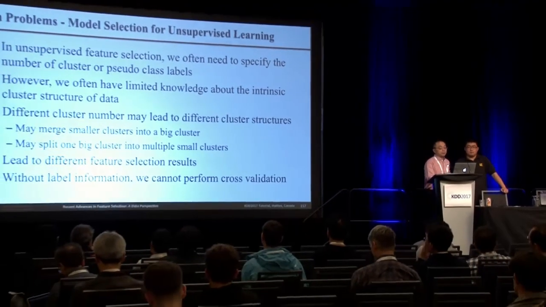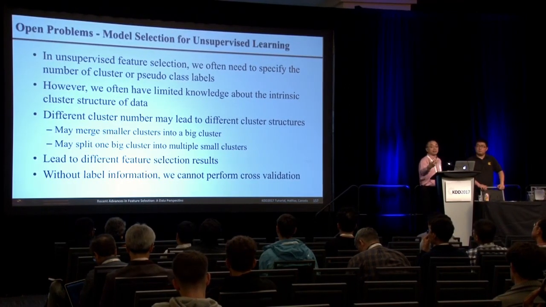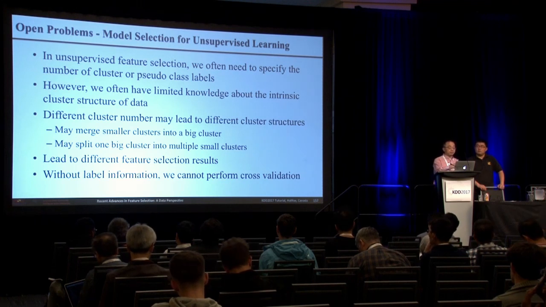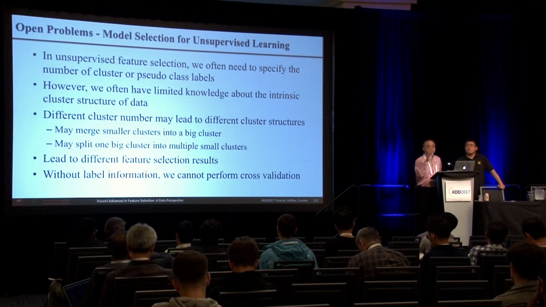And then model selection for unsupervised learning will be even more difficult, right? So we also list some different ways of doing this here. And the key is label information provides constraints.